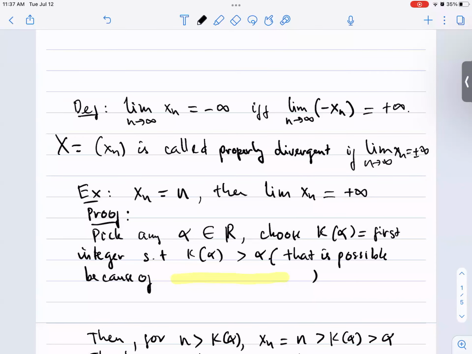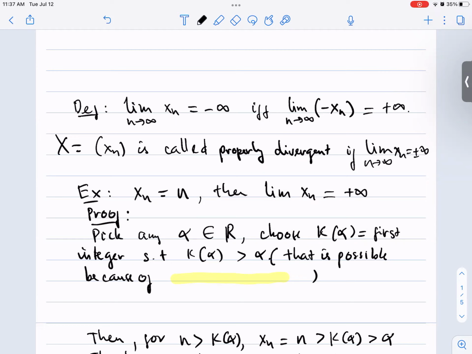So properly divergent means it's not convergent. And furthermore, we know exactly what direction it is diverging to. It is diverging either towards plus infinity or towards minus infinity.